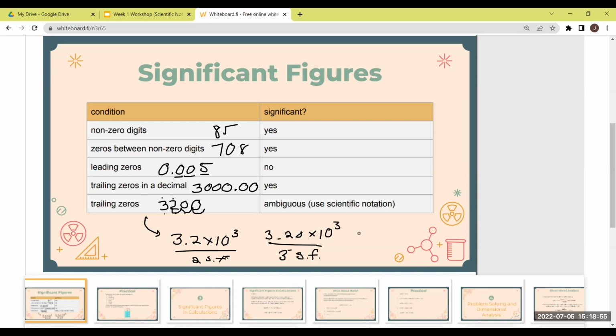And finally, if we were to write this as 3.200 times 10 to the 3, since it satisfies all the other conditions for what is considered a significant figure, this would be 4 significant figures.